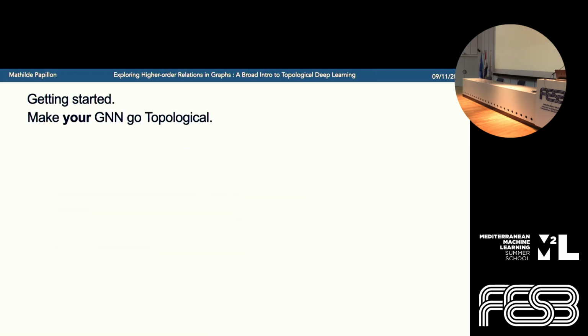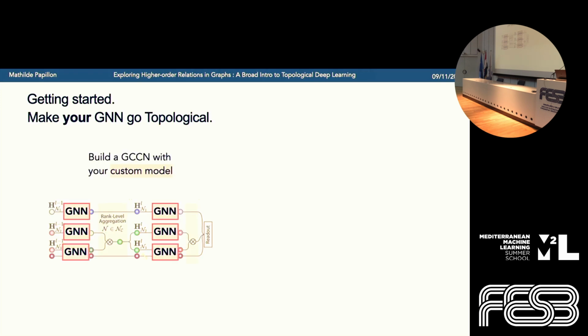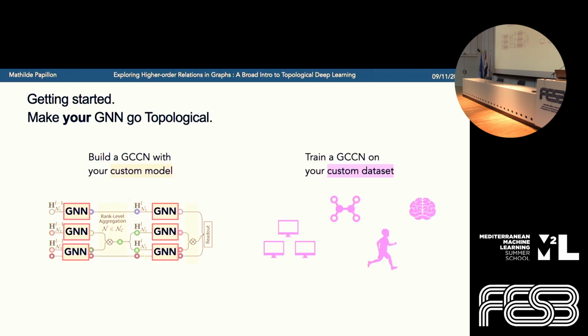So I always like to show you some examples of what this can look like in terms of using it for any relational data that you might be interested in. If you've been working on a proteomics data set or a social network data set and you already have a GNN that you really like, it's as simple as throwing it into TopoBench and boom, you've got a topological neural network.